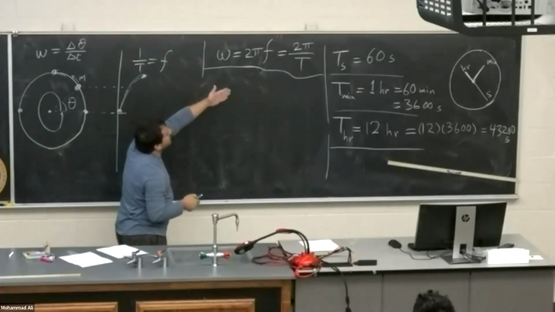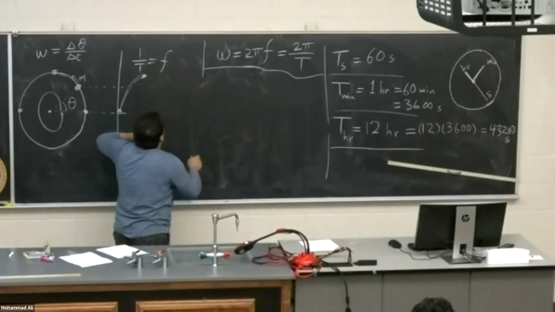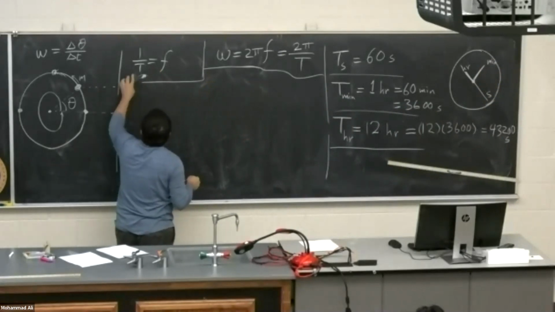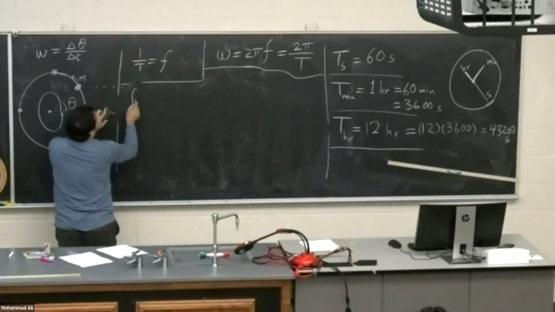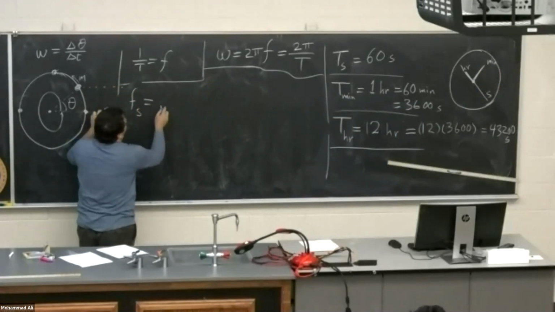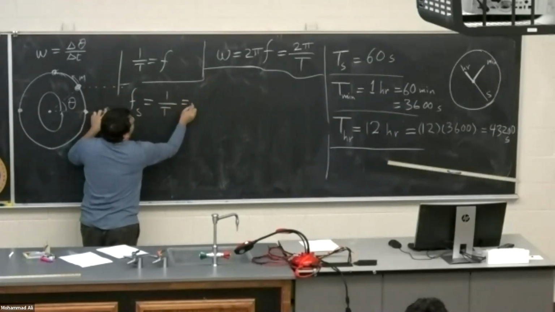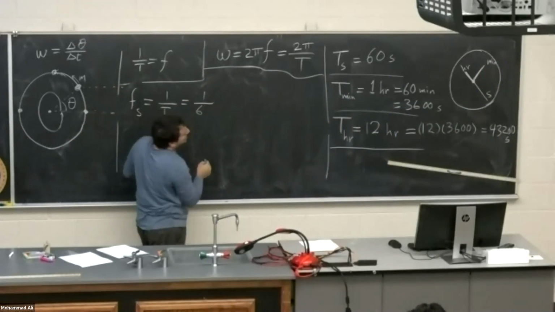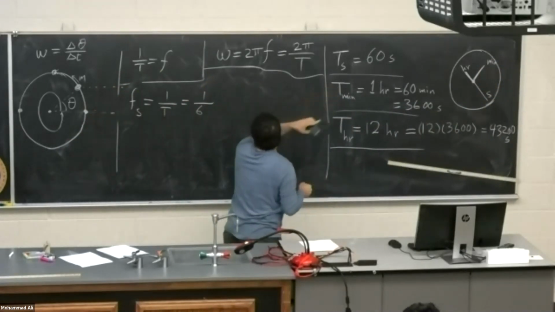Okay, I'll use this relation now. What about the frequency now? Frequency for the second arm is equal to 1 over T, which is 1 over 60. No, this is for a minute, 60 seconds.